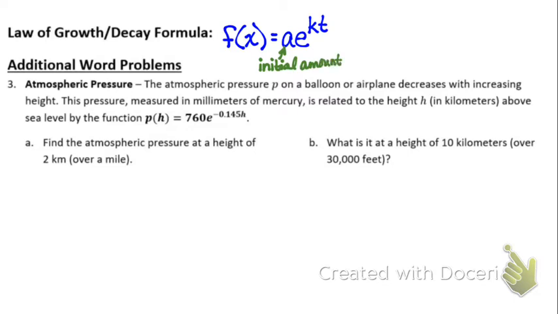Times e, the natural number, Euler's number, to the kt. t is time. And k is the constant of growth or decay.